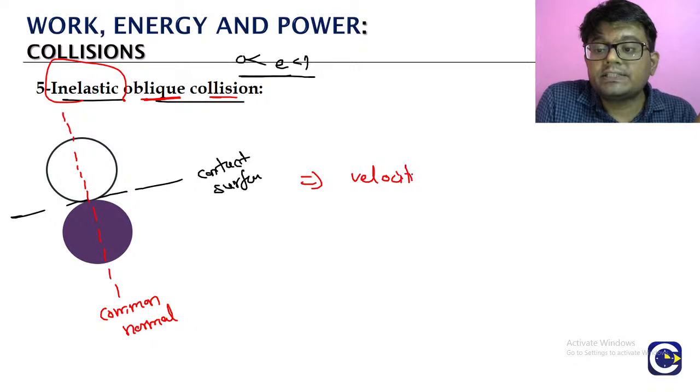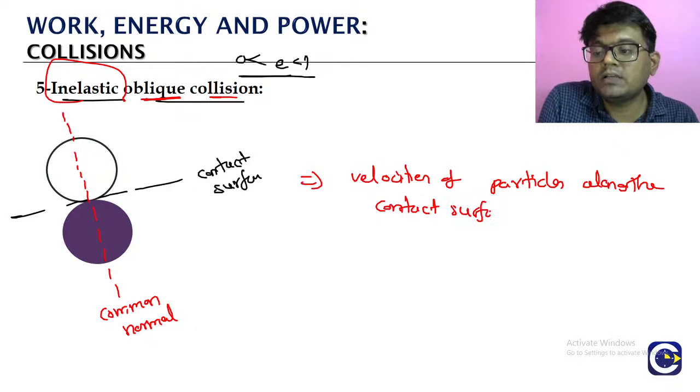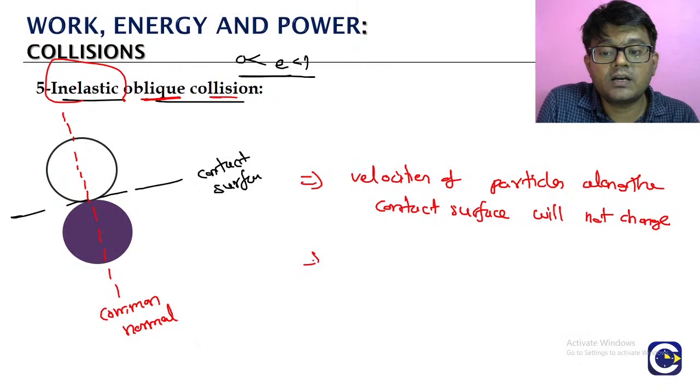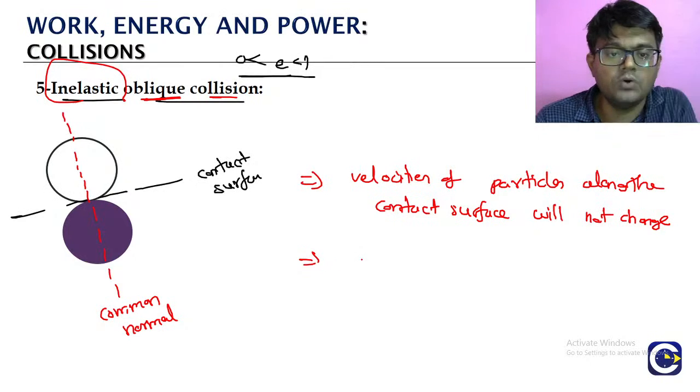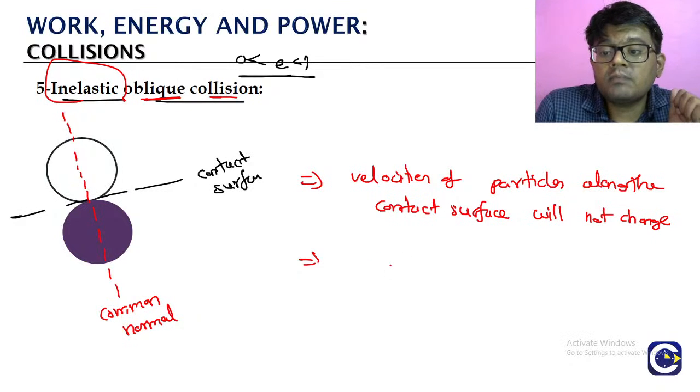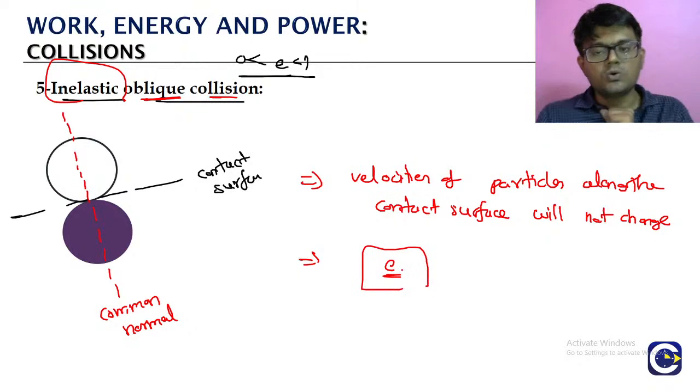The velocities of particles along the contact surface will not change. This is an important thing for all oblique collisions, because the impact of collision will be only along the common normal. And along the common normal, the thing that we will use is the e value. e will be between 0 and 1.